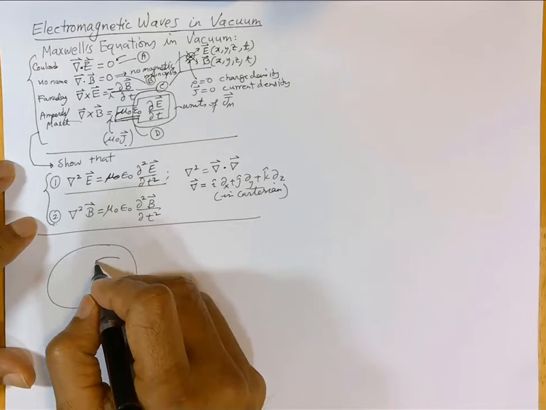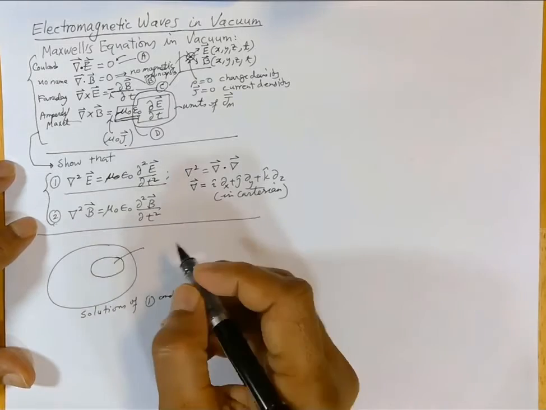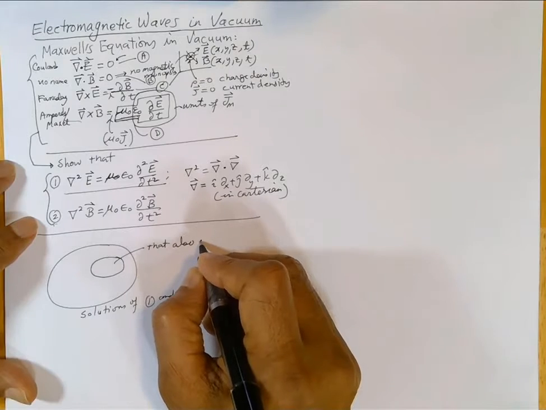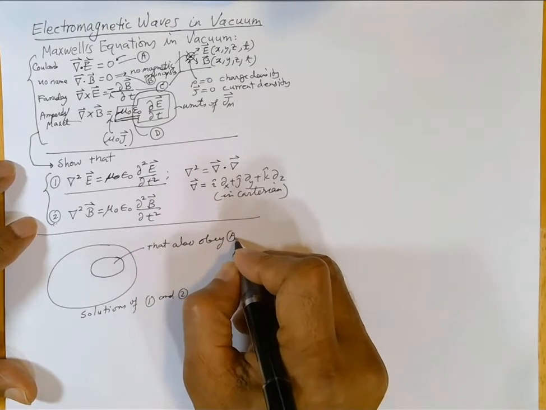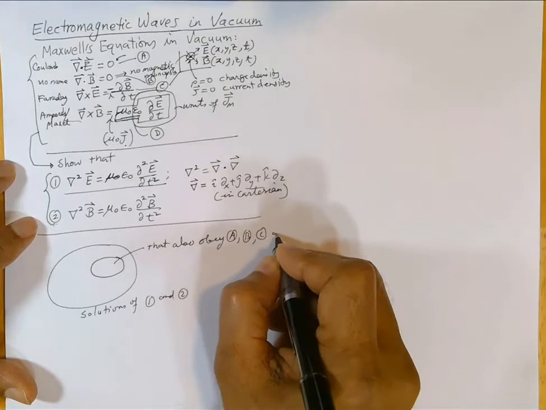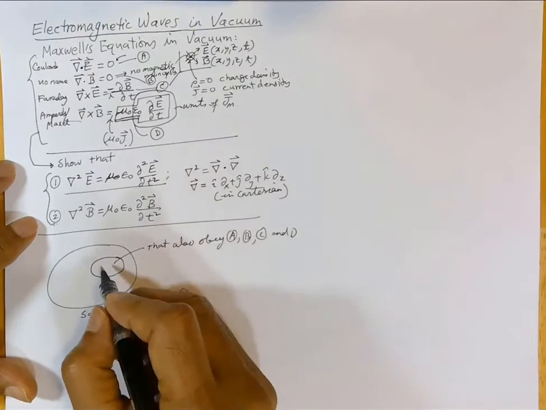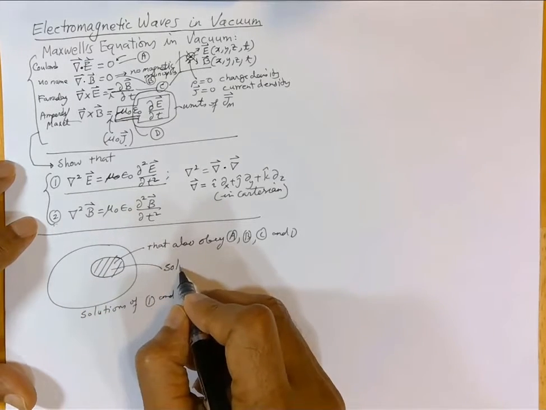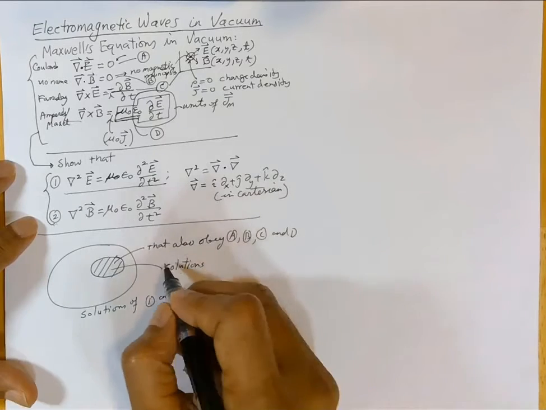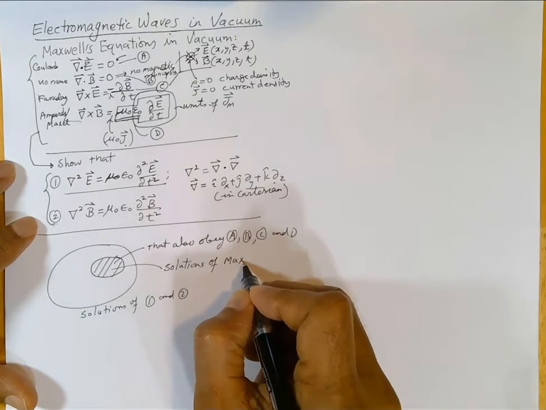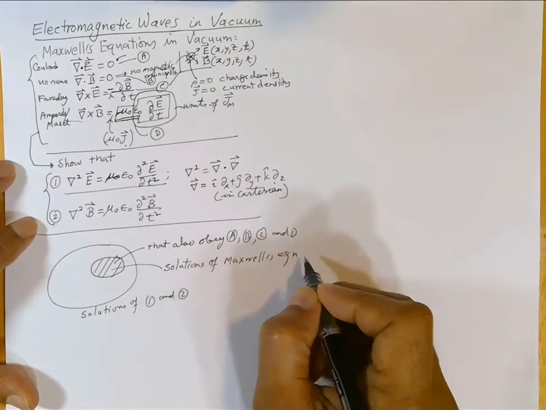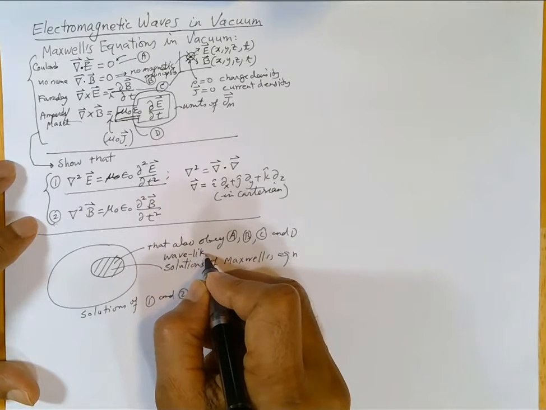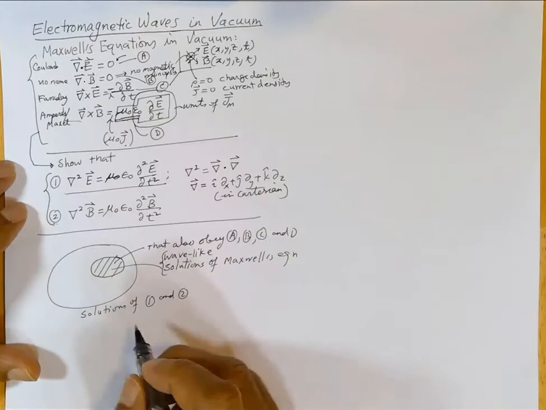And then here is a subset that also obeys A, B, C, and D. So that's what we want. So these will be the solutions of Maxwell's equations, wave-like solutions of Maxwell's equations.